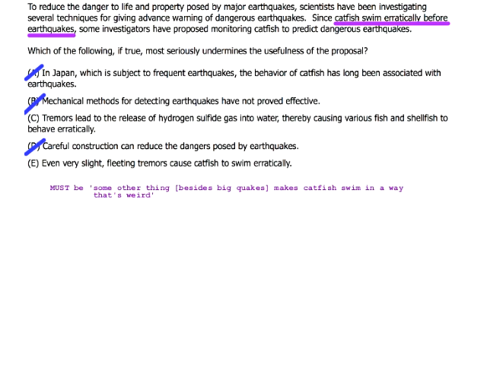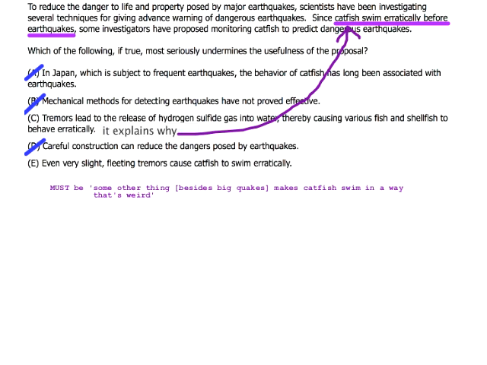This is just an explanation of why. But as we said, we don't really care about why. It could be divine inspiration for all we care. C provides us with the science behind why catfish swim erratically before earthquakes. But you know what? We don't care. This doesn't support the argument at all.